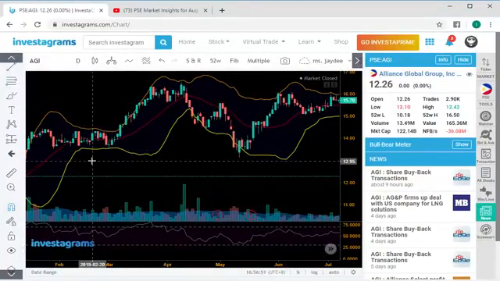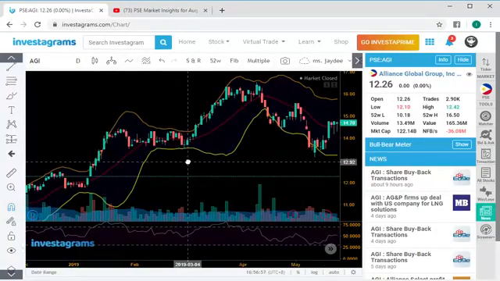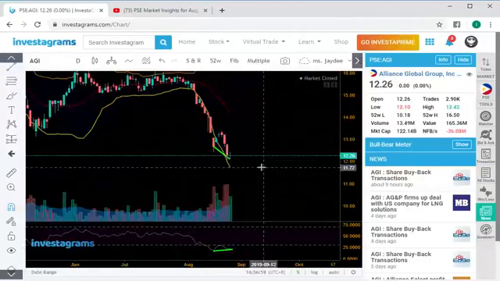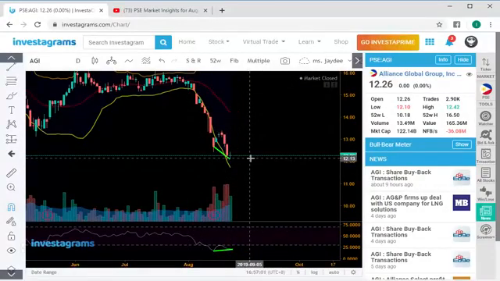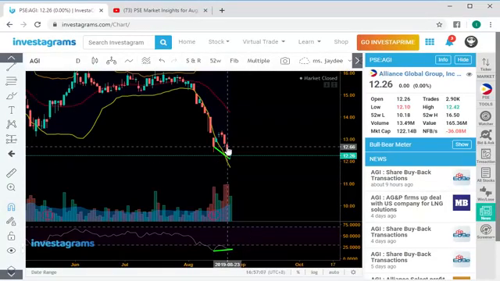A doji is like a cross. It opened at that price and closed at that level as well. So it's possible that we are nearing a possible reversal. Now, how big of a jump, we do not know.